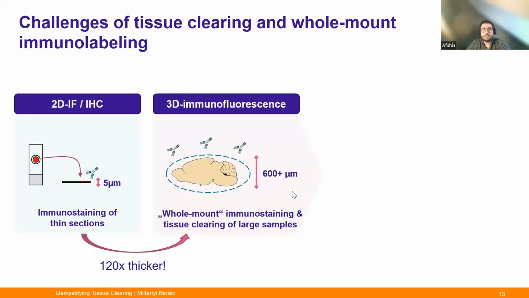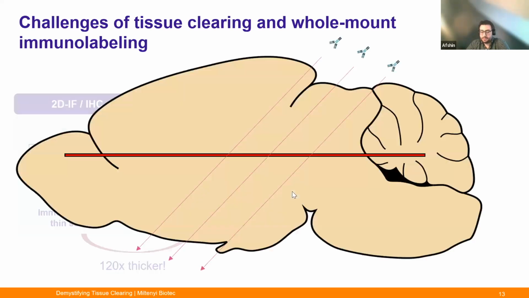When it comes to the whole tissue, like mouse brain, then it is 100 times bigger. The first issue that comes to mind is that this tiny antibody has a hard time penetrating through the whole tissue homogeneously and reaching even the deeper side. You can compare the thickness of the slice with the size of the brain already.